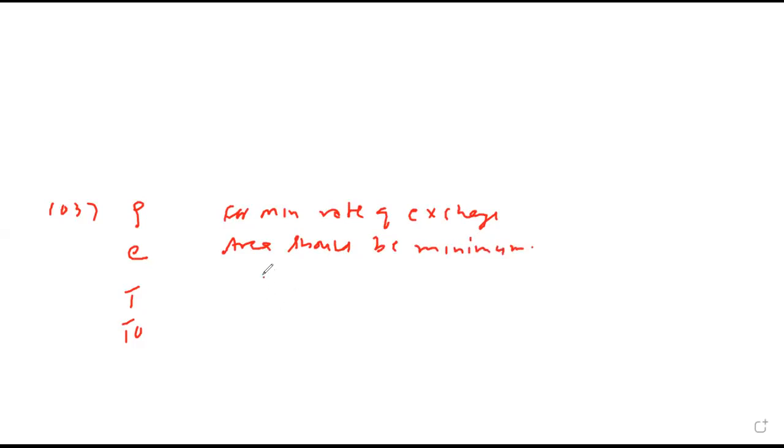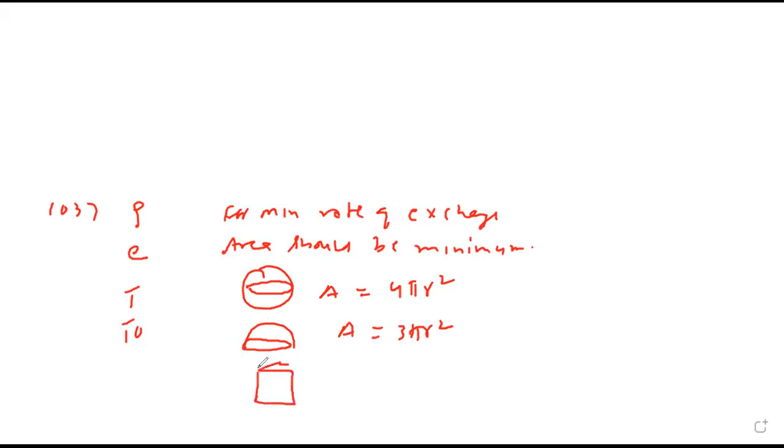So I'm just checking which will be minimum. Solid sphere of radius r, area will be 4 pi r square. Without checking others, I don't know whether this is minimum or maximum. Solid hemisphere area will be 3 pi r square. Cube of edge r, surface area will be 6 r square. 4, 3, 12, 12, so this is minimum till now. Solid cone of radius r and height h equal to 2r.